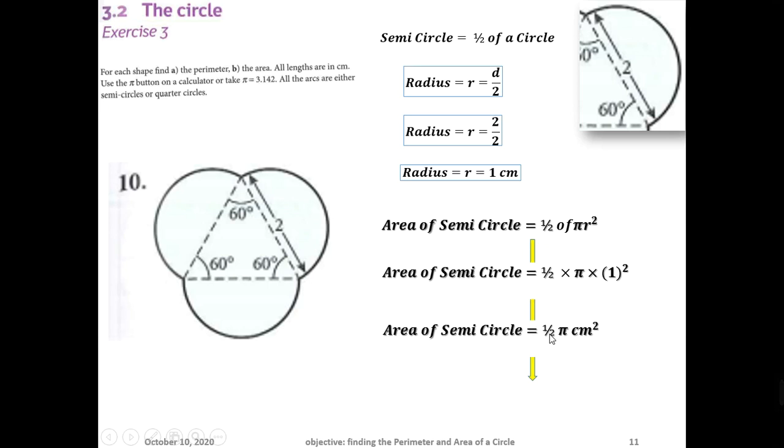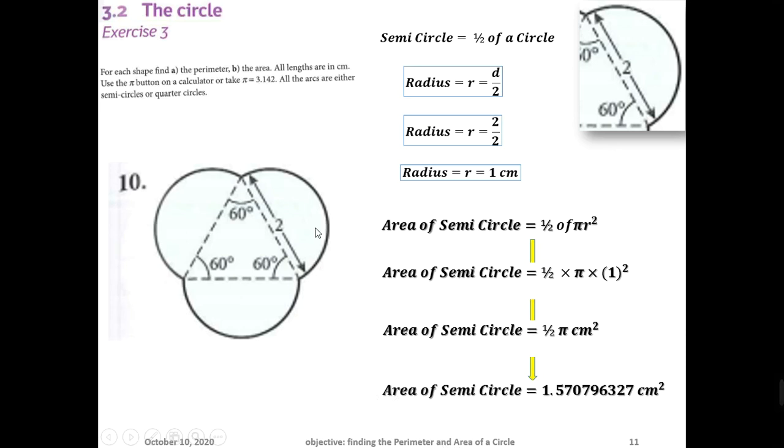If you insert this in the calculator as half times shift and you press the pi button, you're going to end up with the answer of the area of this semicircle as 1.57 centimeter squared, and this answer is correct to 3 significant figures. Since we have 3 typical pieces of this semicircle, then this area must be multiplied by 3. But let's leave this step until the very end.